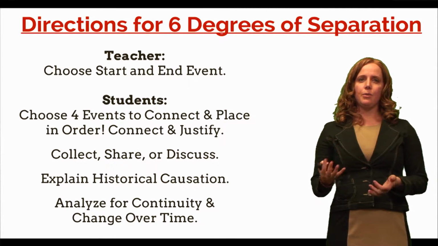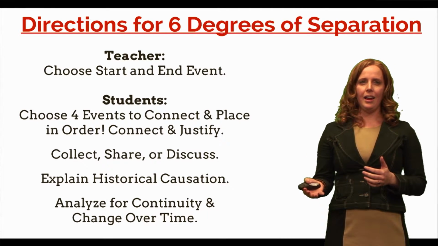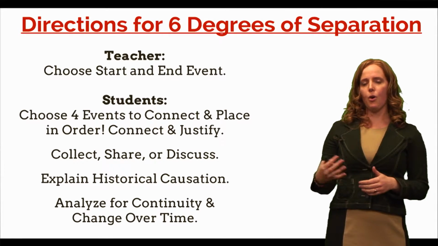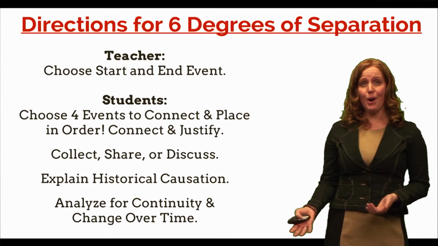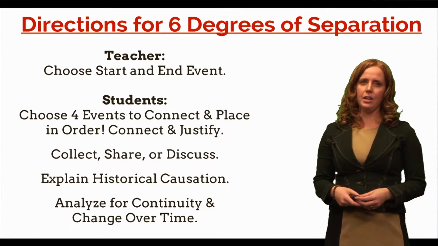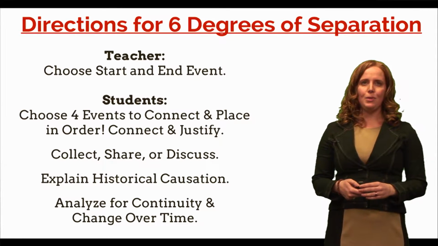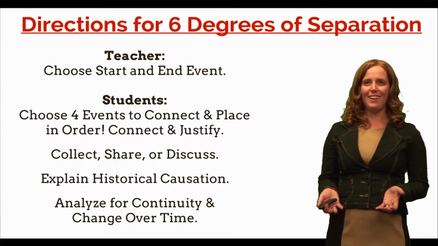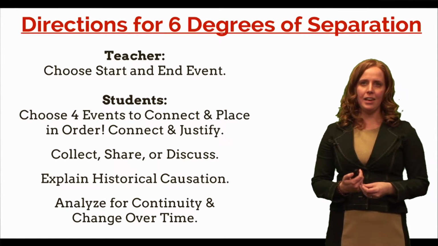After that, broaden it by asking for connections to whatever courses they had prior, or units or chapters you had studied prior, for what is that continuity and change over time. With this activity, you will find it so versatile and user-friendly, and the students find it highly engaging as well.